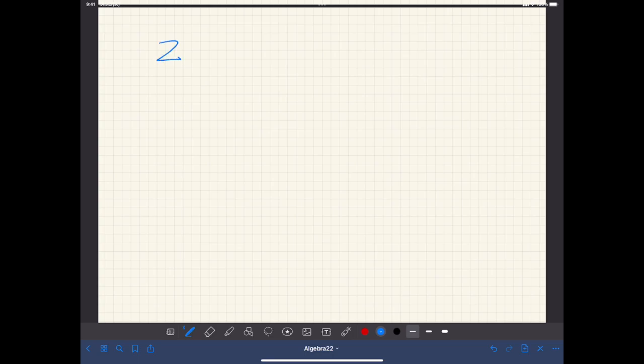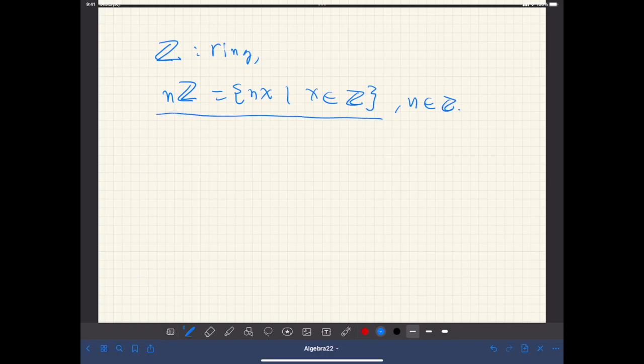We have the set of integers. This is a ring. Then nZ, the set of multiples of n, that is nx where x is an integer and n is a given integer, is an ideal of Z. And this is a two-sided ideal.